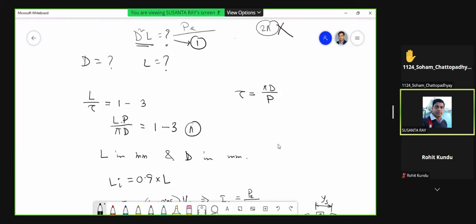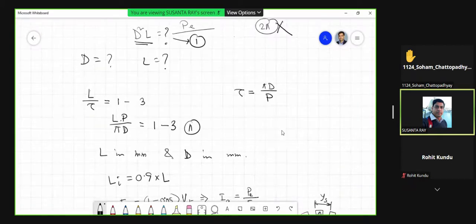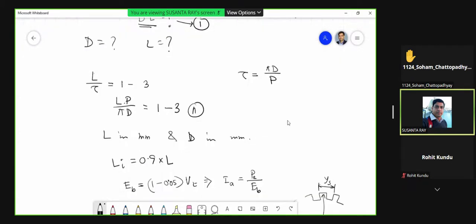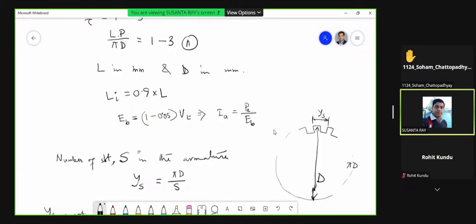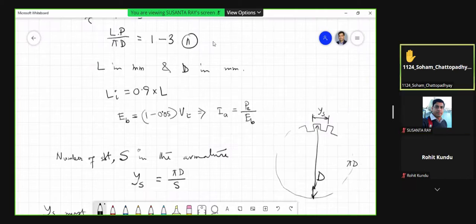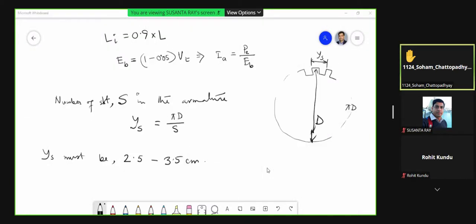It may be 350 or 450, but in your case it is 600 mm and the other is 200 mm. So you have to change the L by tau ratio to make them close. I have taken L by tau equal to 1, so I can change it. So you take 2 or 2.5 and try. Okay, sir. Understood. Thank you, sir.